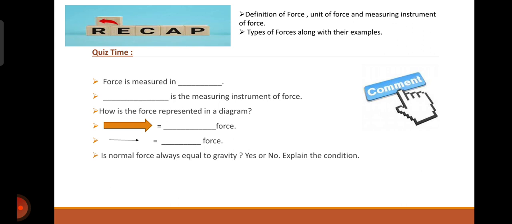What does the small thin arrow indicate about the force? Is normal force always equal to gravity? Yes or no? Explain the condition. So, friends, you can pause my video, take some time and try to answer them on your own. This will be a quick recap and revision for you also.